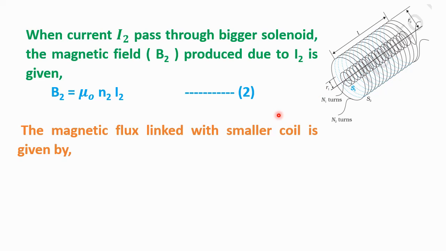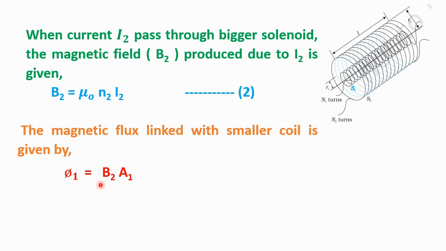The magnetic flux is given by magnetic field times area. Here the notation is modified: phi1 is the magnetic flux passing through the smaller solenoid, which equals B2, since the field is due to the bigger solenoid, times A1, the cross-sectional area of the smaller solenoid.